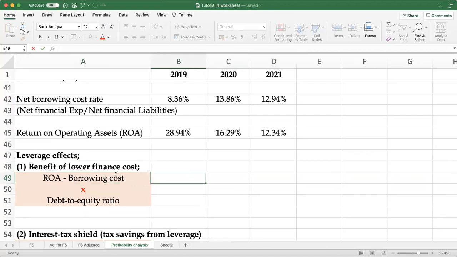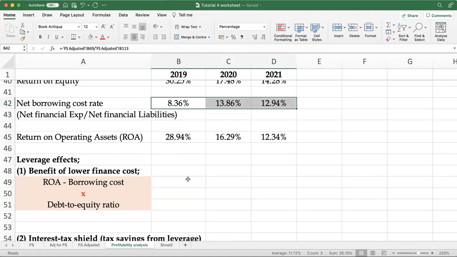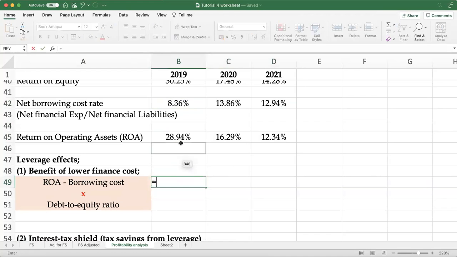These are ROA, these are the borrowing cost rate.